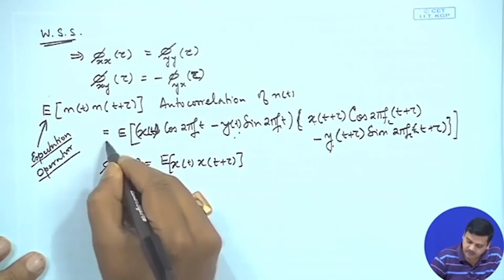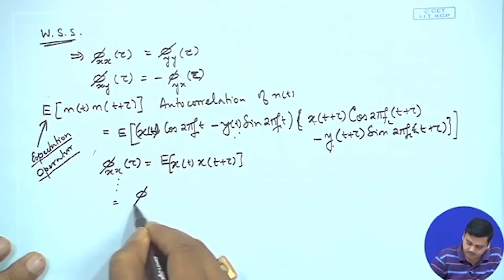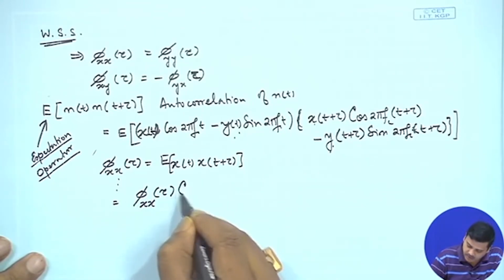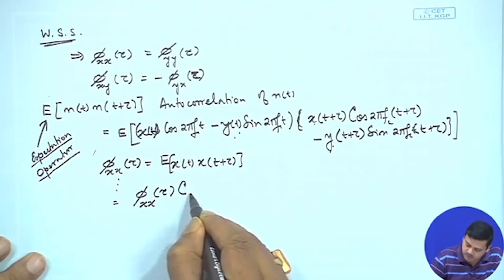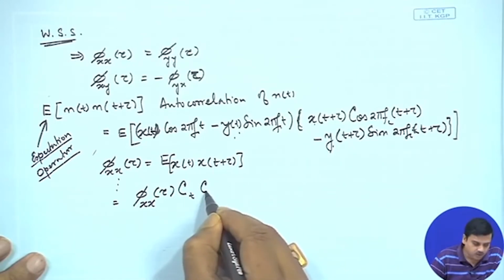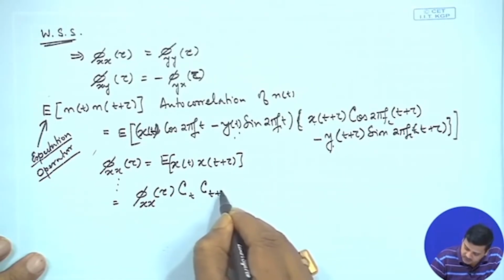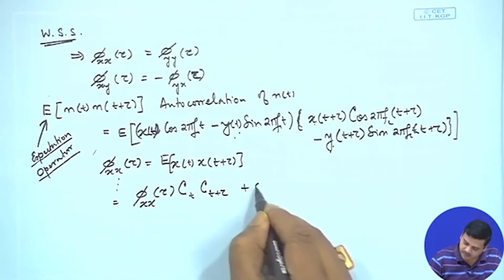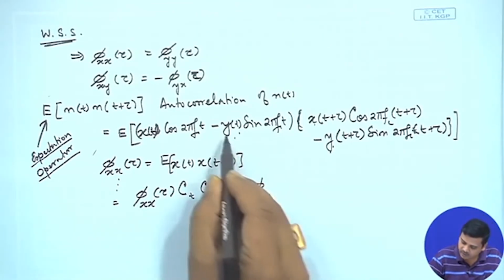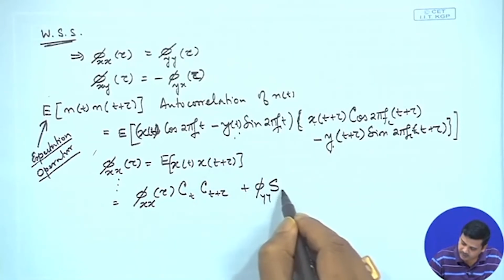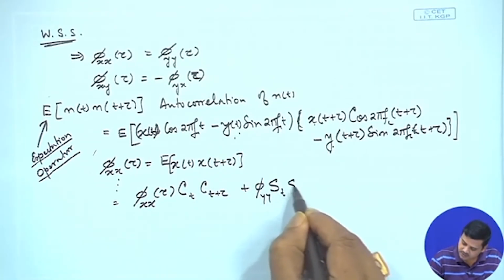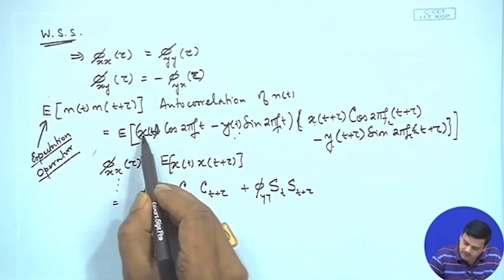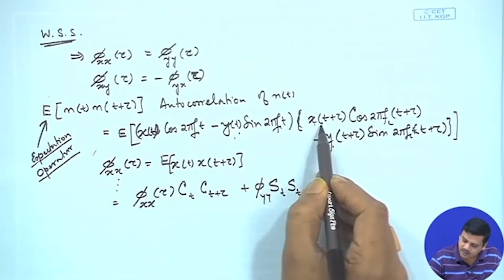So, what we will get here is phi_xx(tau), I will write in short, cos(2 pi f_c t) and cos(2 pi f_c (t plus tau)), I will write this in short, and we will get along with that plus phi_yy. Look at this y and this y. We are going to get sine(2 pi f_c t) into sine(2 pi f_c (t plus tau)), and then you are going to get E of x and y.